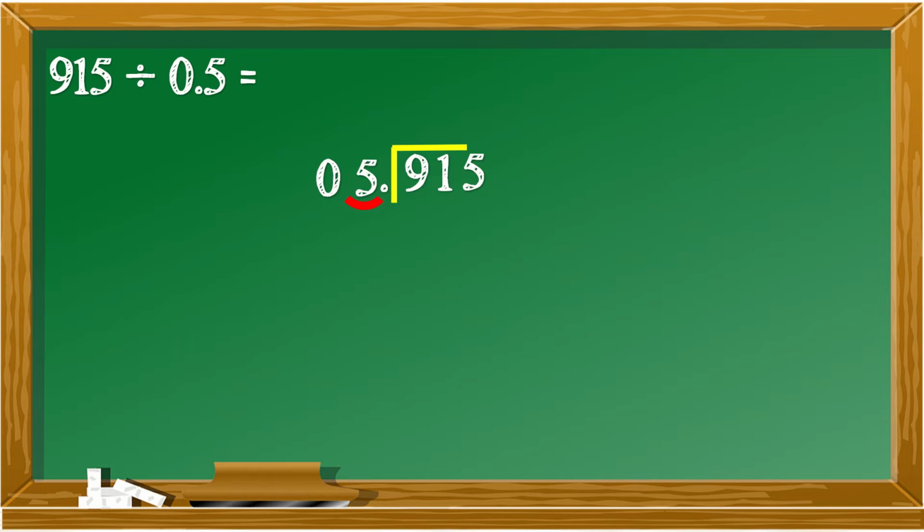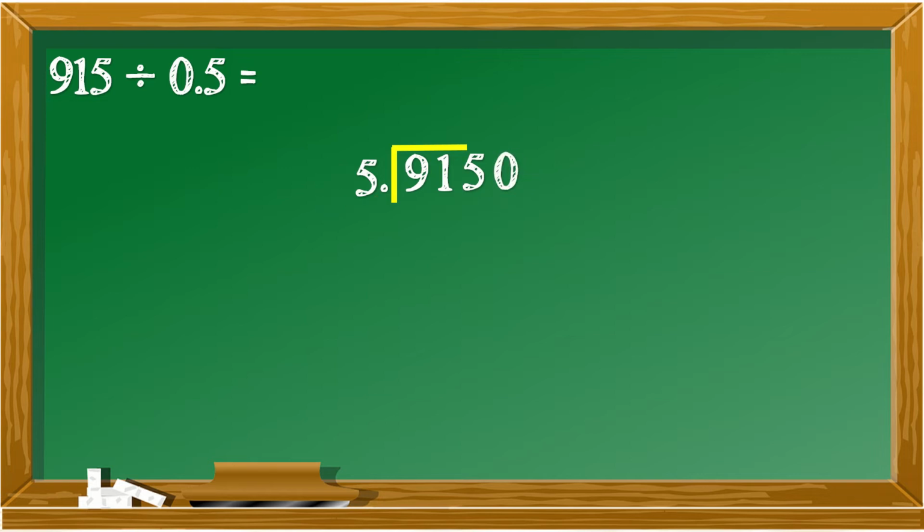And since we moved 1 decimal place in the divisor, we will also move 1 decimal place in the dividend. The decimal point of the whole number is always at the end. So move 1 place. And since we have a space, we will put 0.